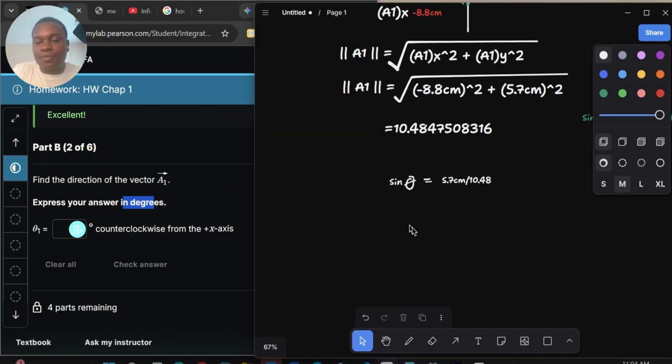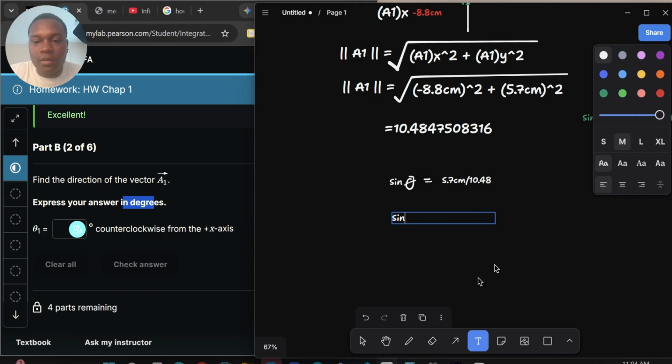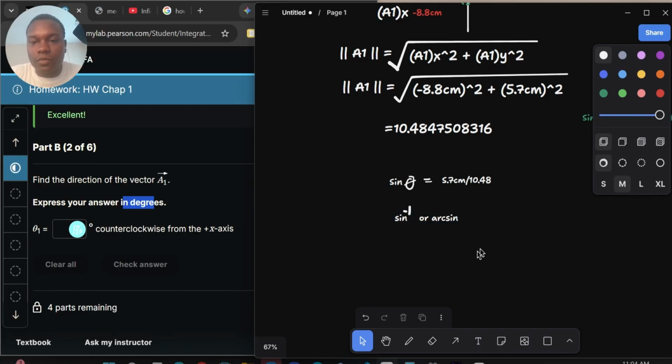The inverse function of sine is arcsine, which you can write as sine to the -1, or you can write arcsine. And then we'll just put what we know sine theta is, 5.7 centimeters divided by 10.48 centimeters.